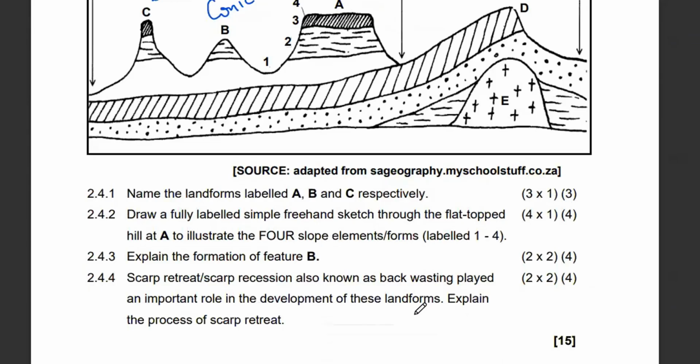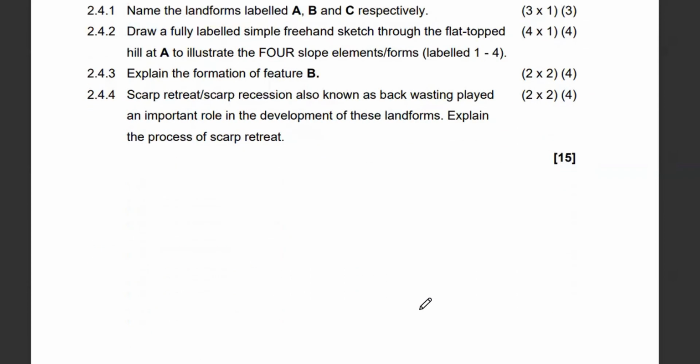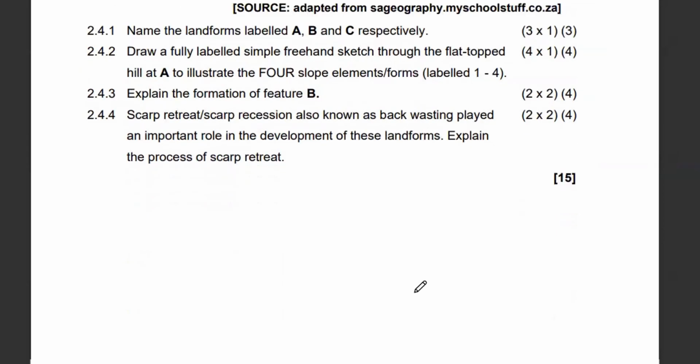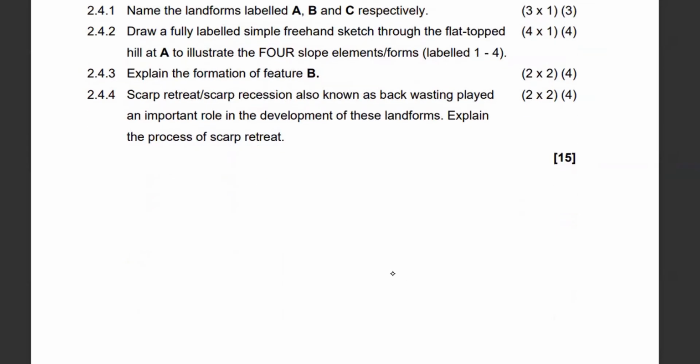Draw a fully labeled freehand sketch through the flat-topped hill at A to illustrate the four slope elements, labeled 1 to 4. Right, when you're drawing this, whichever way you're going to draw it, I will draw it facing the opposite side. We want to draw this part to show these elements. The slope elements that we have, starting from the top, we have the hard and resistant rock cap here, and then the softer rocks.